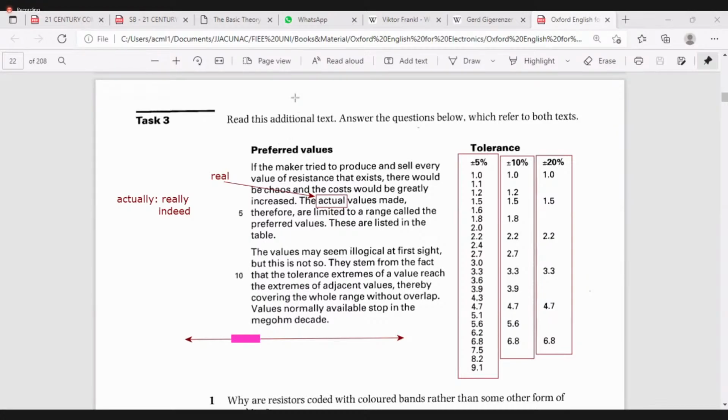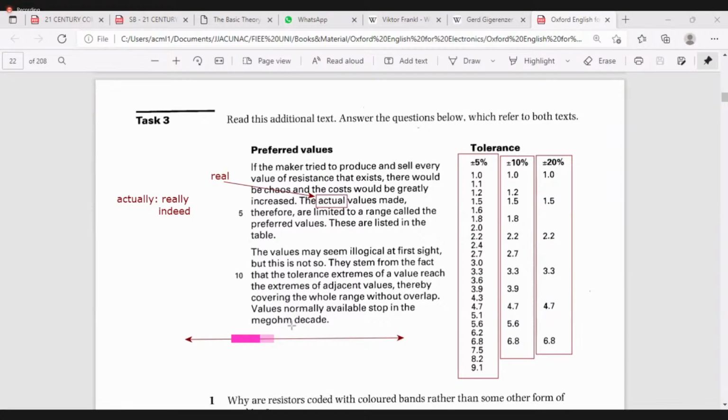If we extend that value because of the tolerance, the idea is to have it adjacent with another value. I'm going to put it in yellow color. Then another color, the green.